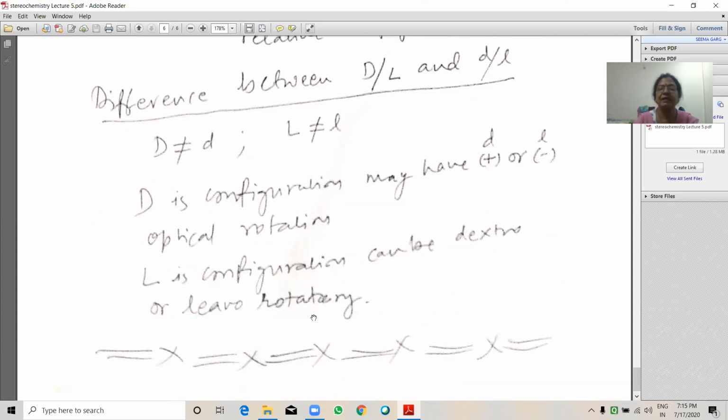Similarly, a capital L configuration can be dextro or levorotatory. Moreover, capital D and capital L do not indicate whether the molecule is optically active or inactive. It is just the nomenclature representation. It just gives an idea about the nomenclature.